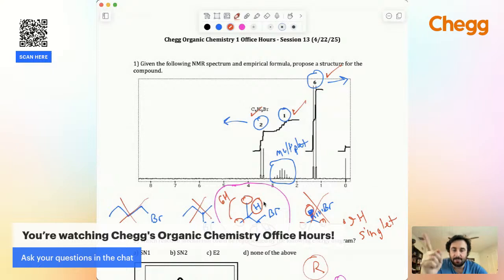So you have 1 neighboring proton, n equals 1, and then n+1 is therefore 2. So the resonance is split into 2 smaller peaks. So 1 neighboring proton splits it into a doublet, 2 neighboring protons splits it into a triplet, 3 neighboring protons splits it into a quartet, and so forth.